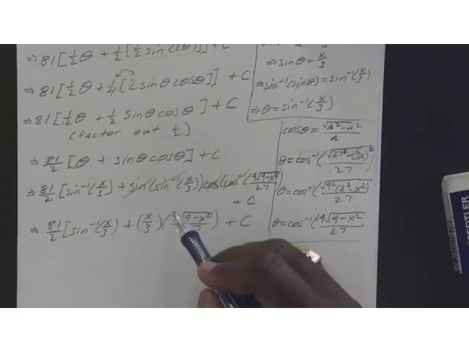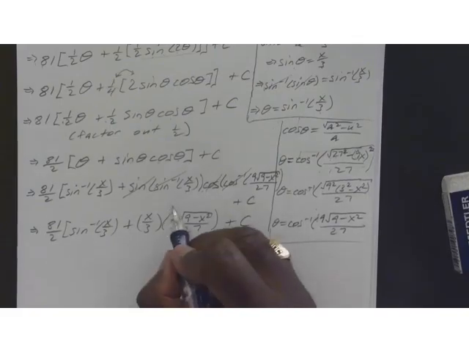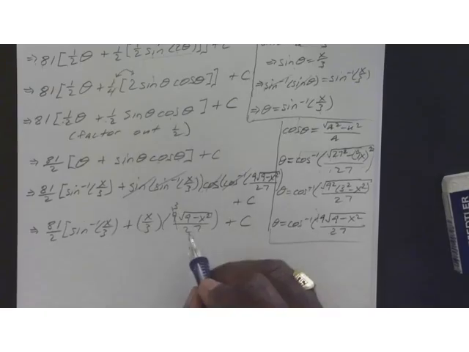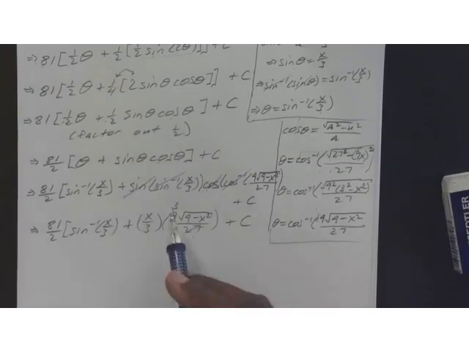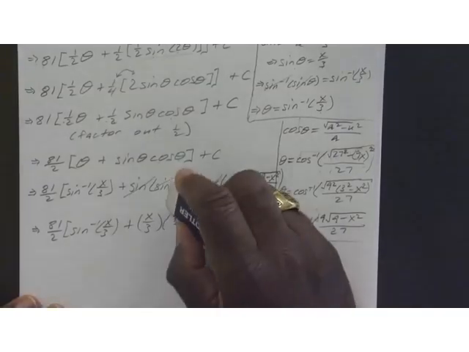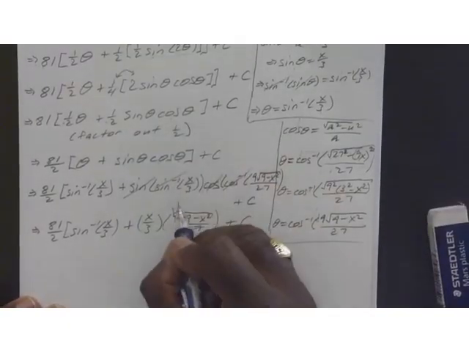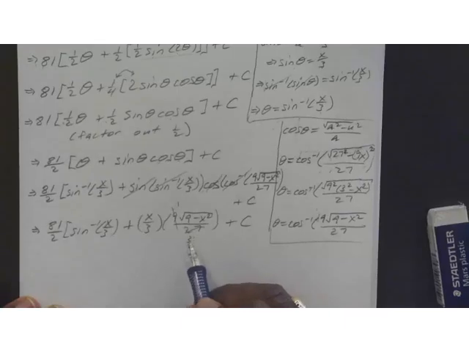Okay, and the only thing left to do is just simplify. So this 9, 3 goes into 9 3 times, 3 goes into 27. Actually, we can just go ahead and take it into 9. I don't know why I was doing 3. 9 goes into 9 once, 9 goes into 27 3 times.